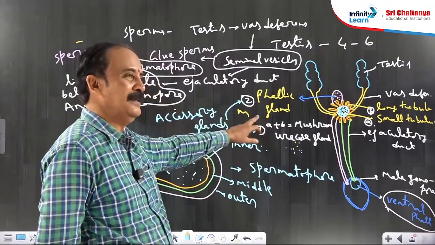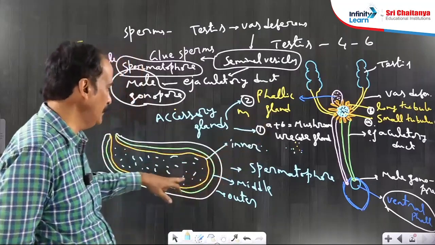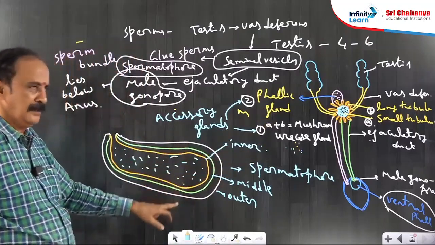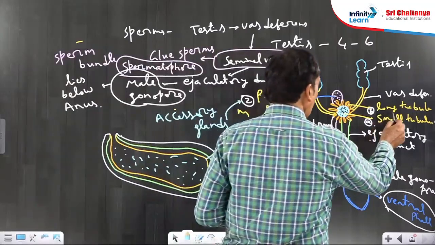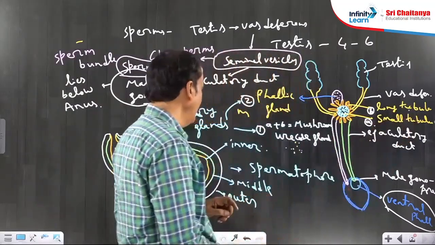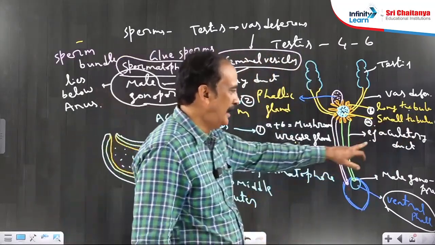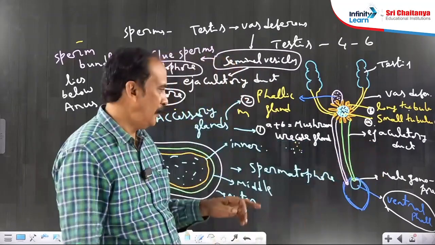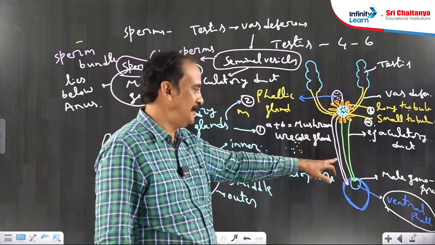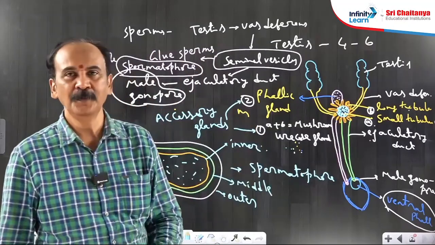These 2 are axillary glands. They help in the formation of the sperm bundle. The inner layer is formed by the long tubules of the uricose gland. The middle layer is formed by the ejaculatory duct. After it attaches to the female cockroach, the phallic gland secretion forms the outer layer of the sperm bundle.